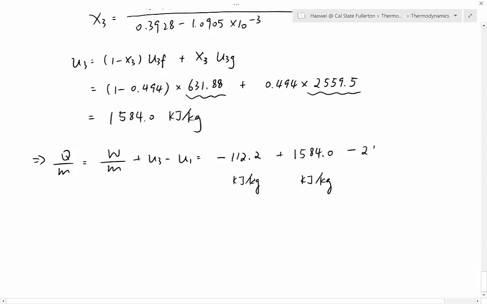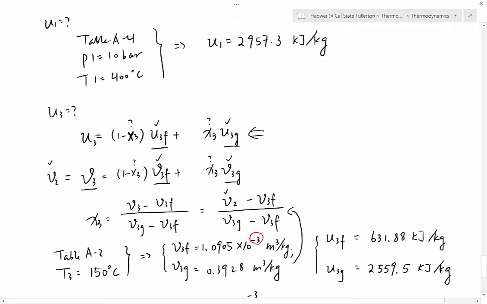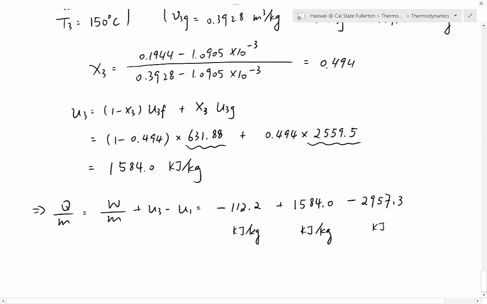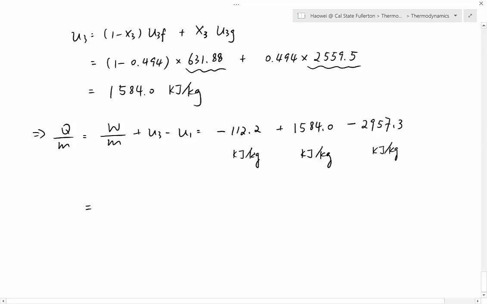U1 is 2957.3, and the unit is also kilojoule per kilogram. So now our final solution for heat transfer is negative 1485.5, and the unit of my solution must be kilojoule per kilogram. So that's the solution.